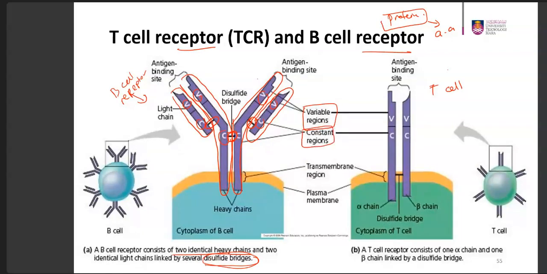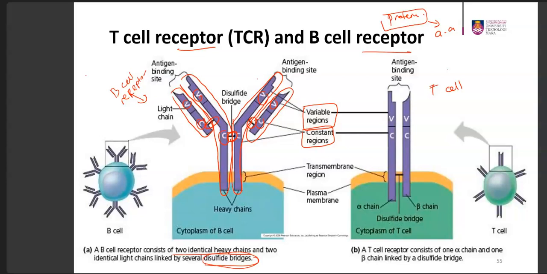What is constant and what is variable? The arrangement or the sequence of the amino acids of the receptors. So the receptor is a protein, made up of an amino acid sequence.